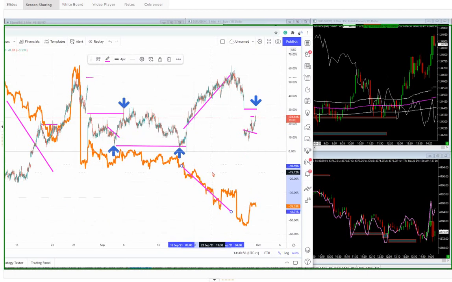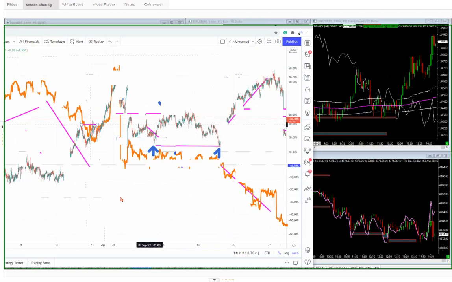What is it though? Well, obviously the idea is that you're going to be trying to sell that high price on Brent, and you're going to be trying to buy the low price on the orange line, which means you're going to be buying RBOB and selling Brent. And it becomes very similar to what we talked about over here.